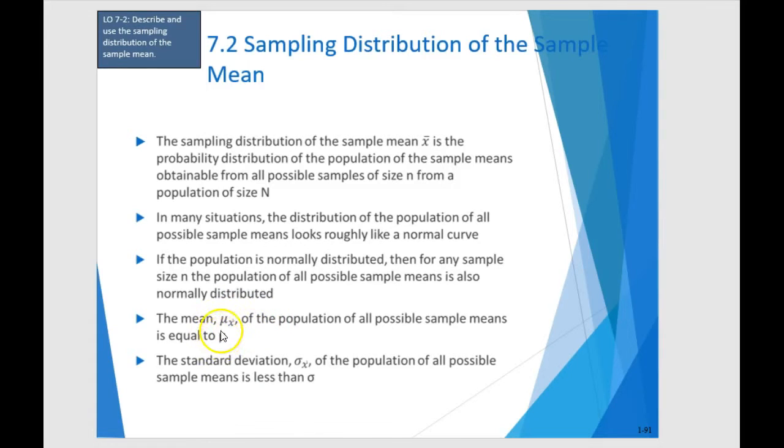What's really important is that the standard deviation goes down. So sigma of x bar actually is going to be less than just regular old sigma. And so when we sample and get an x bar, we actually get a more accurate depiction of what mu is likely to be.